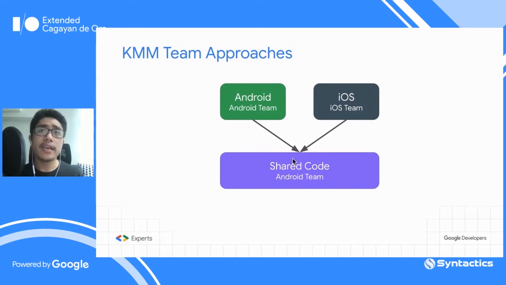I guess the best way here is to have everyone on board on the shared code, with both the Android and iOS teams working on it. But the problem now is that there's going to be bias, because the iOS team is working in Swift, in their native tooling, UIKit, SwiftUI, whatever tools they're working with. And the Android team is, again, still in their own happy world.